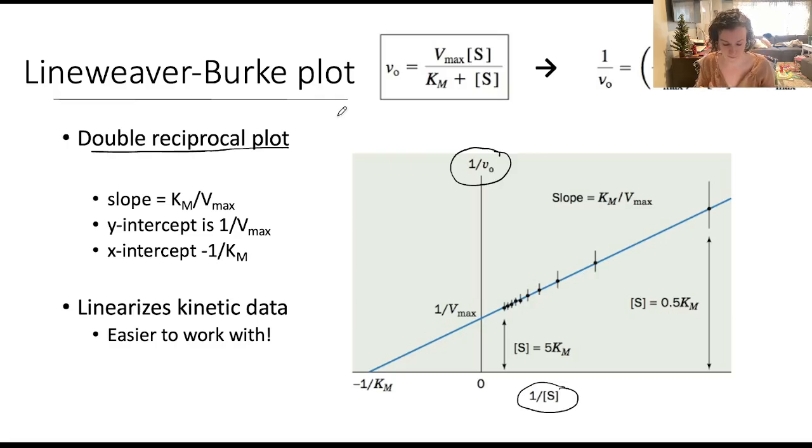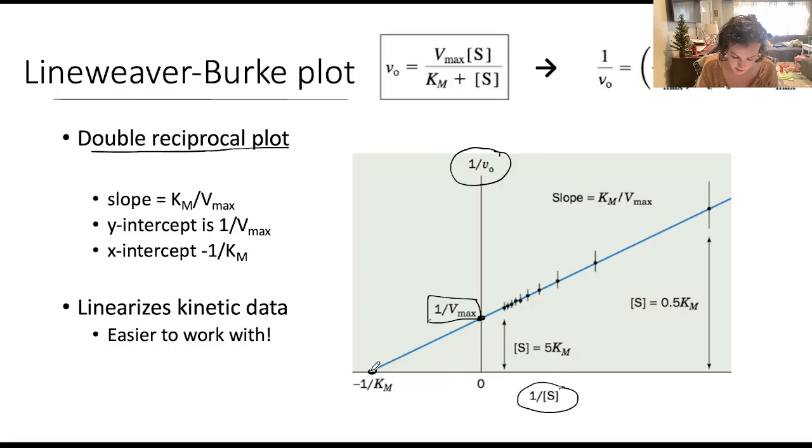us to understand. But even more telling is that the x-intercept and the y-intercept directly tell us the Km and Vmax. The y-intercept here is 1 over Vmax. So the y-intercept is 1 over Vmax.